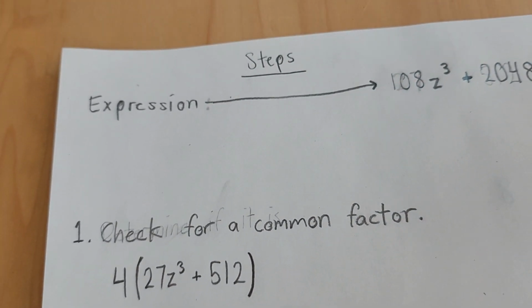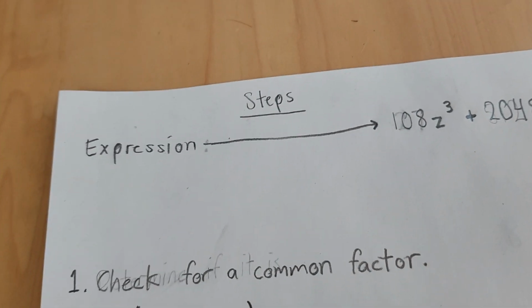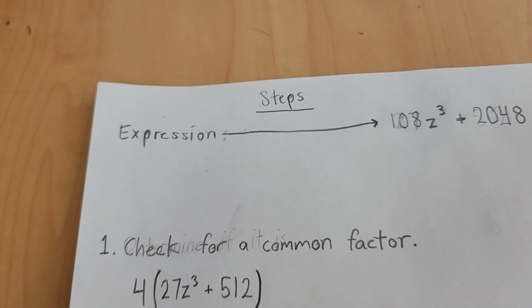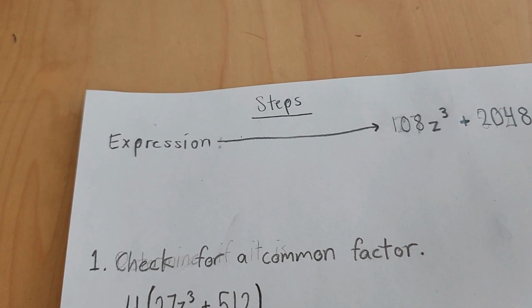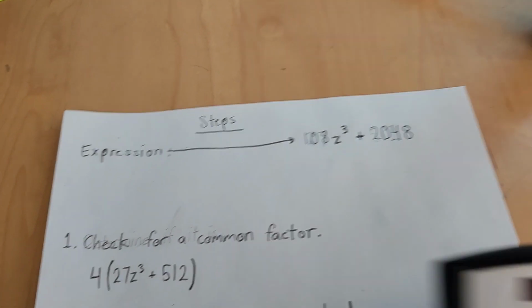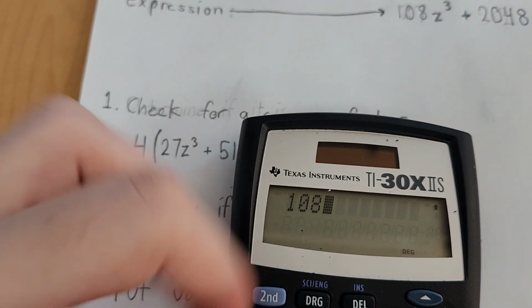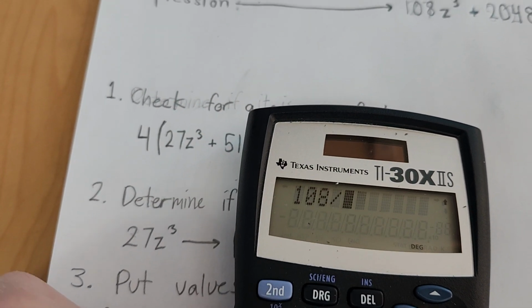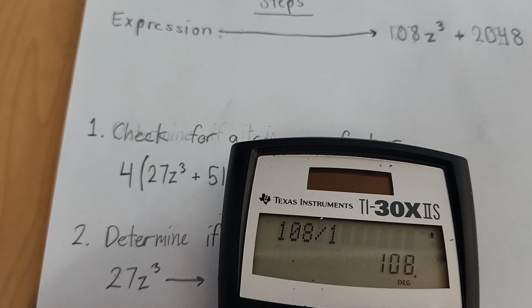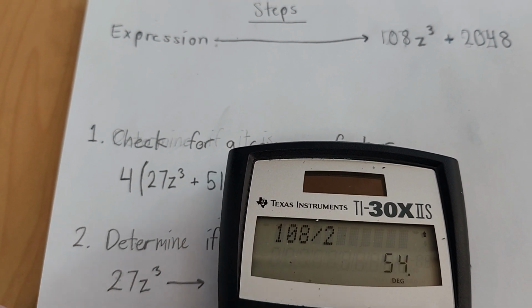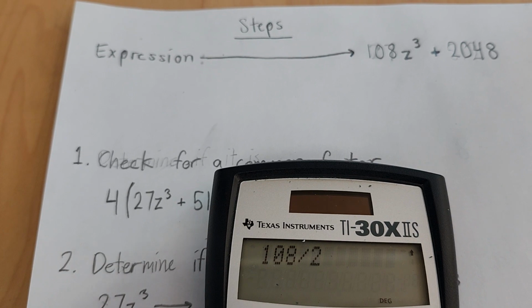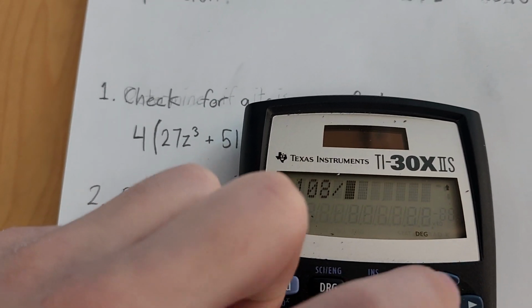So pretty nice. You should probably develop a strategy to find common factors. Usually what I do is I will take 108, get the number, and then divide it by increasing numbers. Right? 1, no, 2, no, and then 3. I do this when factoring, right?